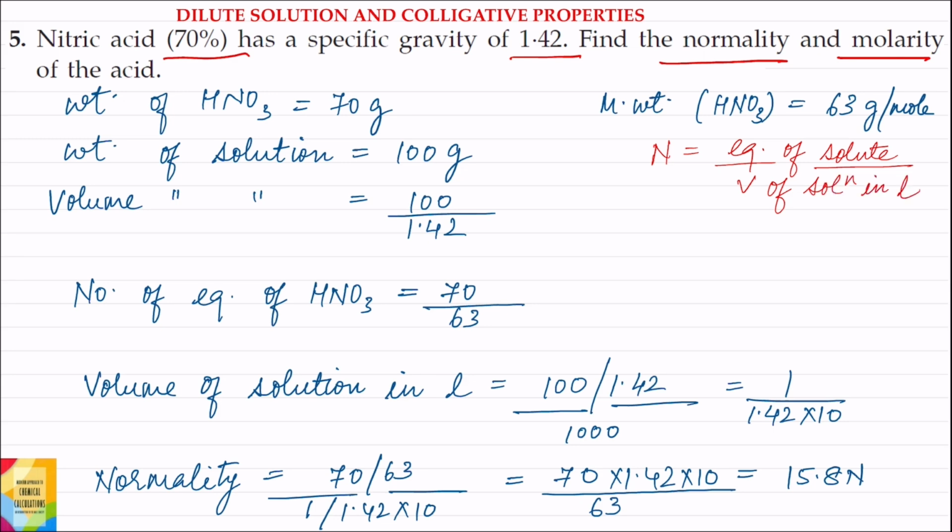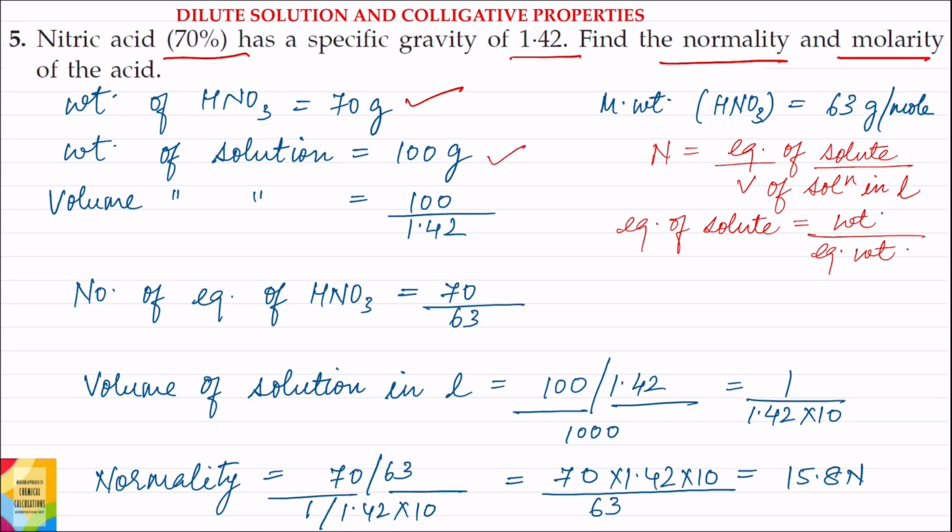Equivalents of solute will be equal to weight divided by equivalent weight of the solute. Now this 70% is the weight percentage. So if weight of HNO3 is 70 gram, then weight of solution is 100 gram.